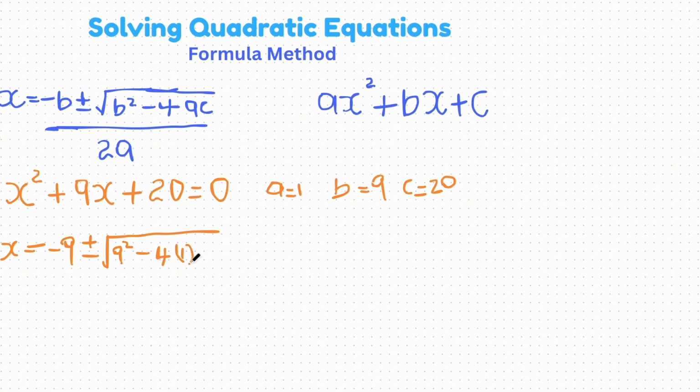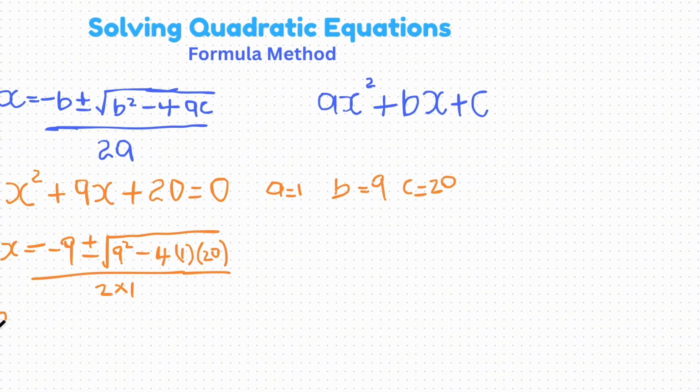So 4 times a times c, which is 20, all over 2a, and a is 1, so 2 multiplied by 1.